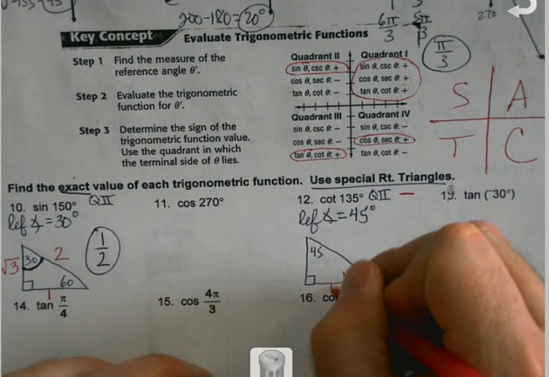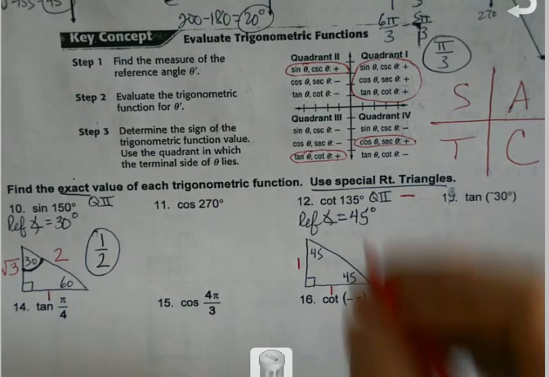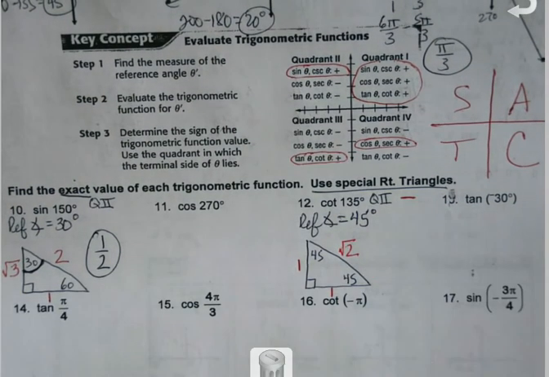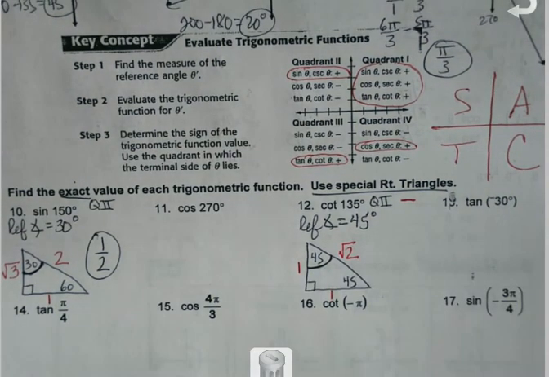On these, my legs, since they're going to be the same size, both have a ratio of 1. My hypotenuse is going to be the square root of 2. So I'm looking for the cotangent of my reference angle.